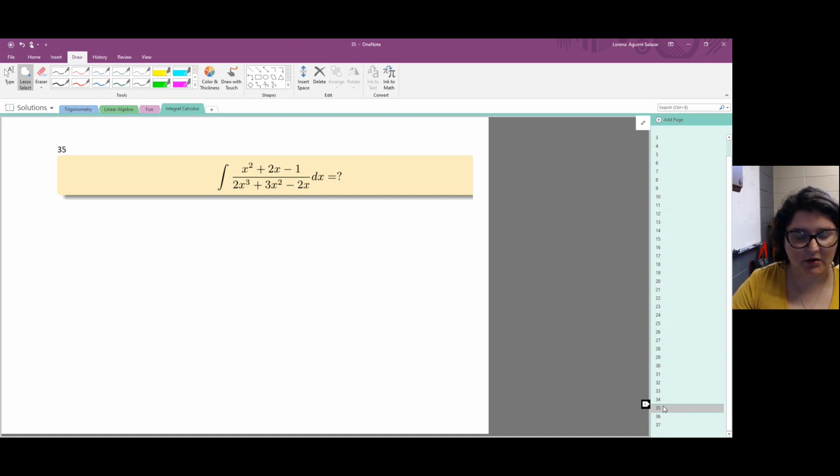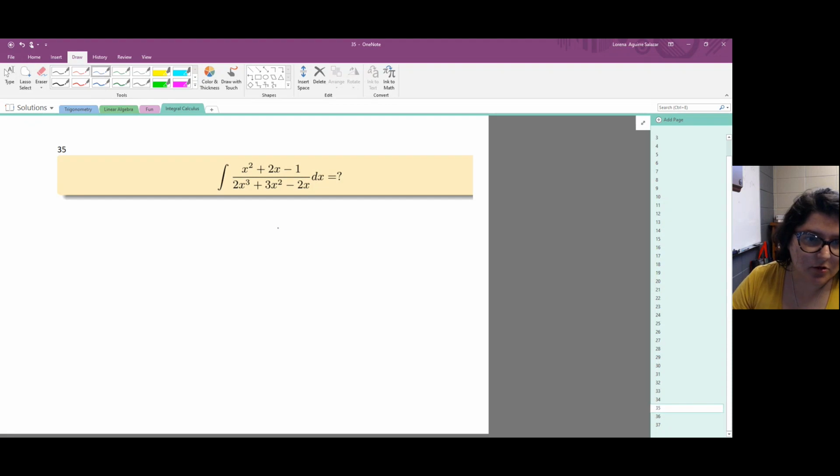So let's see how we can rewrite the integrand, the function we're integrating, in terms of easier functions that are nicer to deal with. To decompose our function, we're going to factor the denominator 2x cubed plus 3x squared minus 2x.